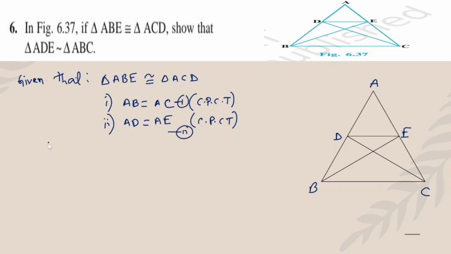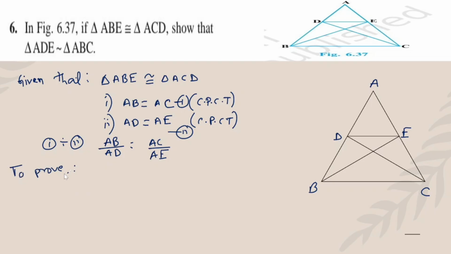If we divide equation 1 by equation 2, we get AB by AD equals AC by AE.